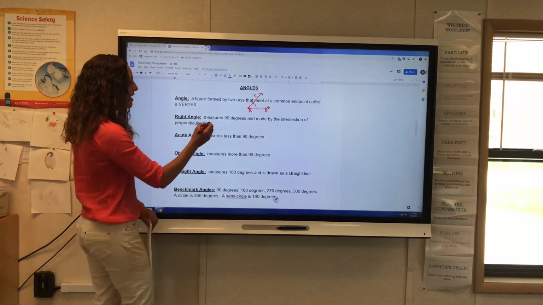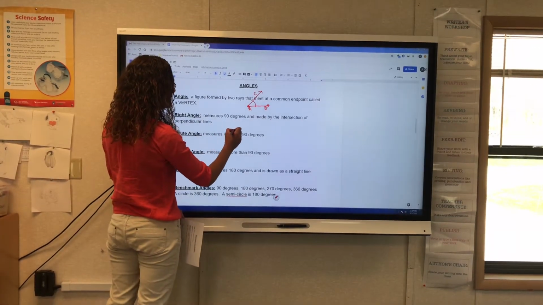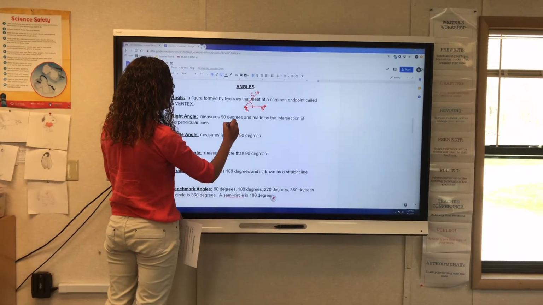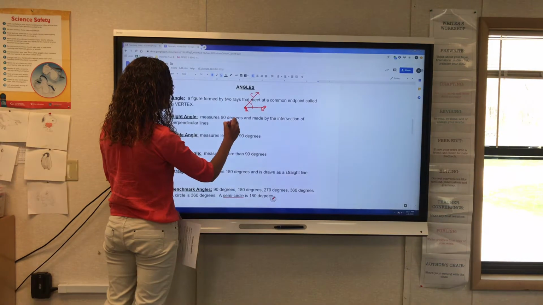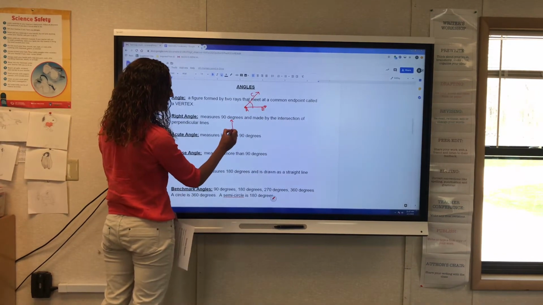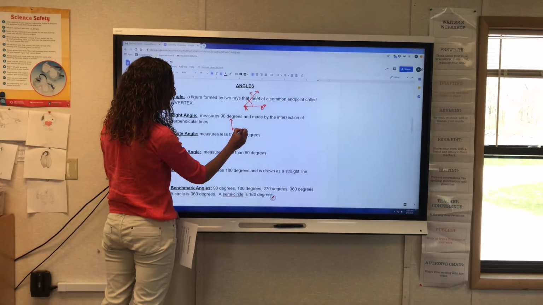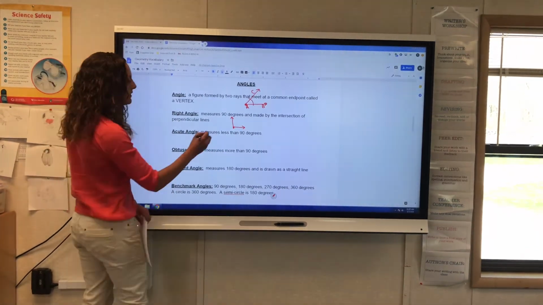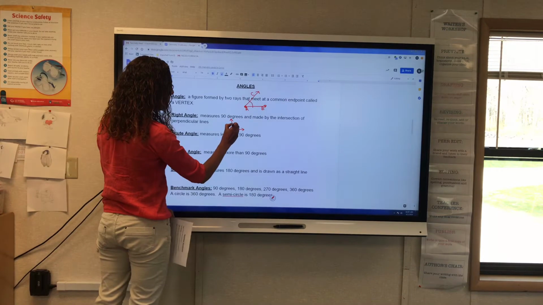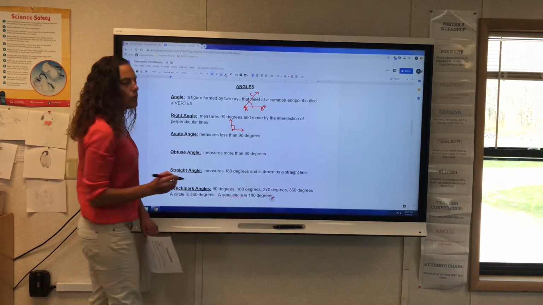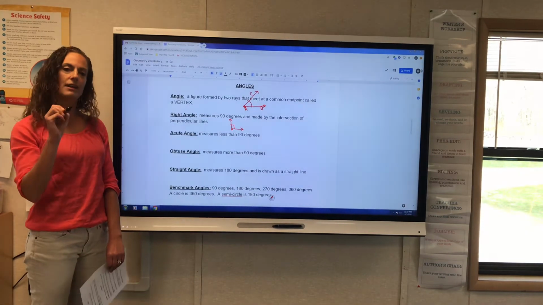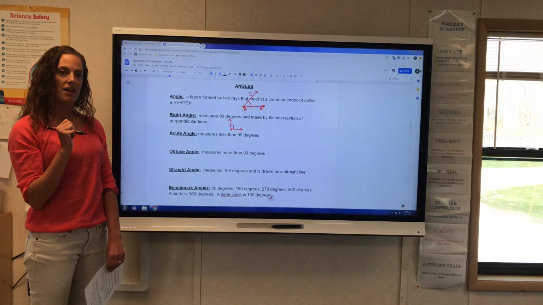So, I'll draw you one first. So if we had a ray going up this way, and then my other ray is connecting from that same endpoint, that vertex, okay? The angle is right in here. And when it's a right angle, we use a little corner box to show that that equals 90 degrees.